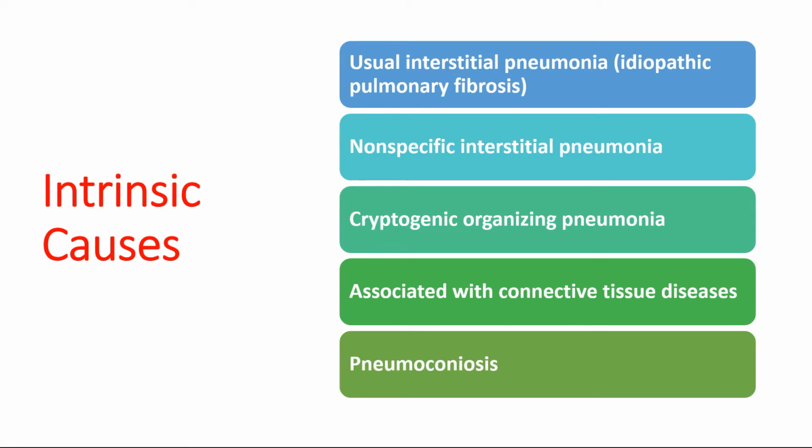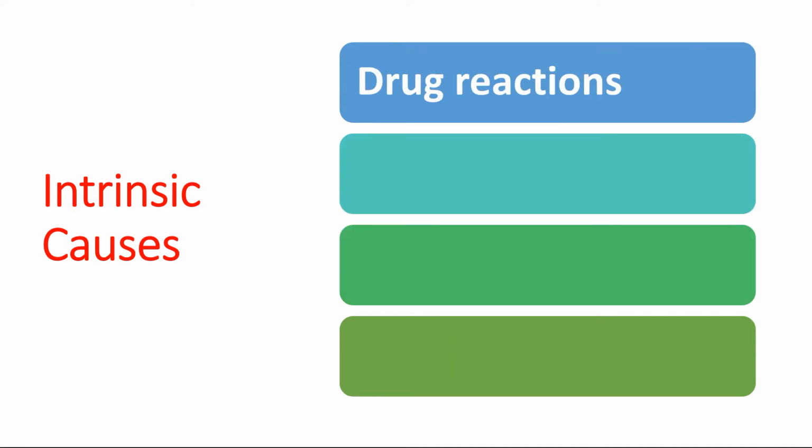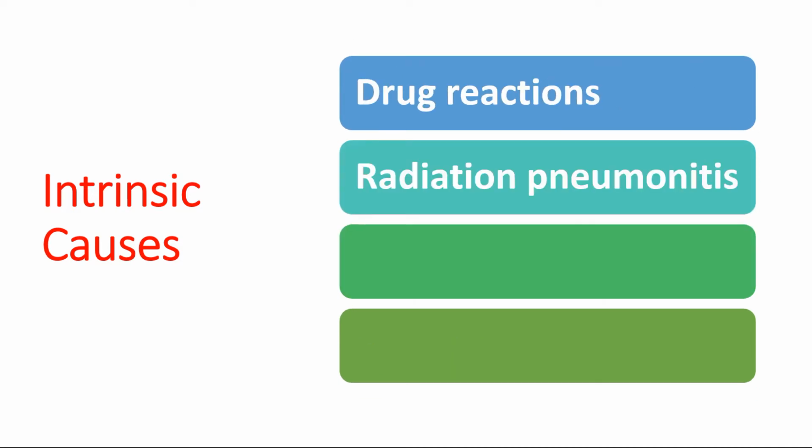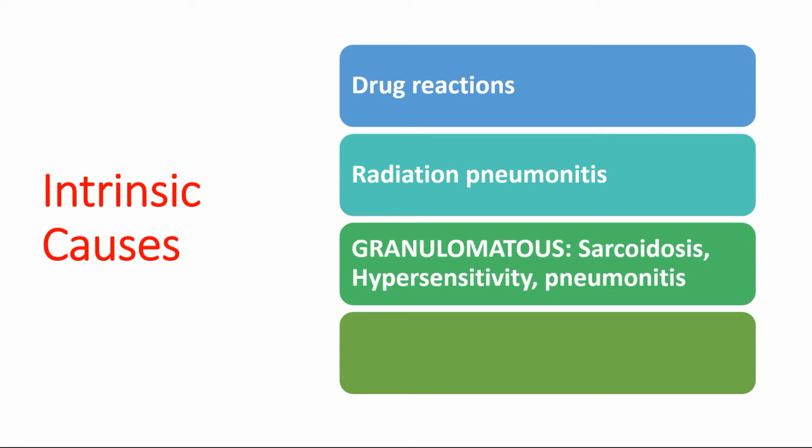In all these cases, there is interstitial fibrosis of the lungs. Also in drug reactions or radiation pneumonitis, granulomatous causes, maybe like sarcoidosis, hypersensitivity pneumonitis, and eosinophilic granuloma, in all these cases, there is interstitial fibrosis of the lungs.